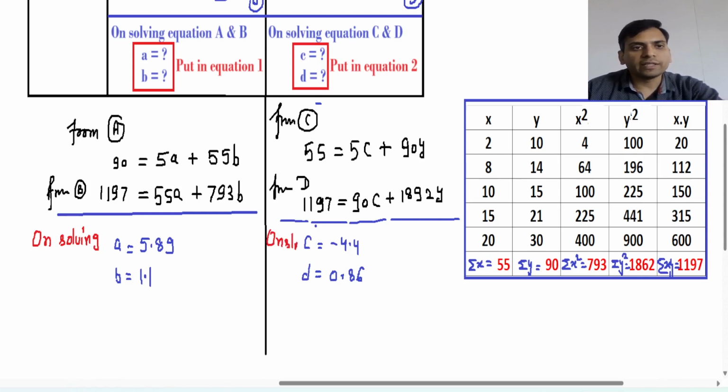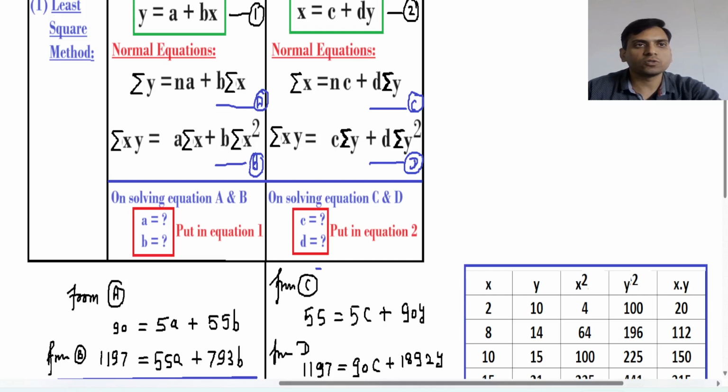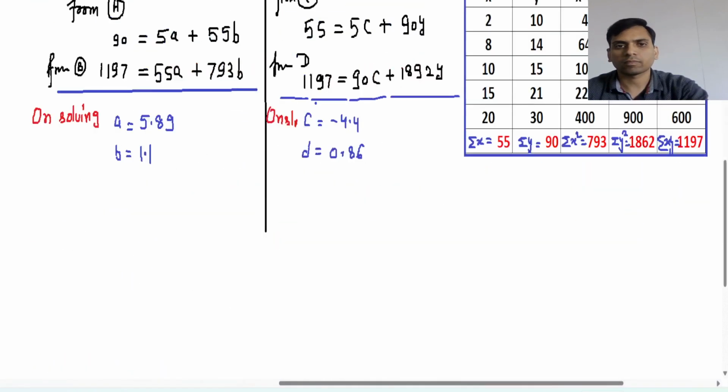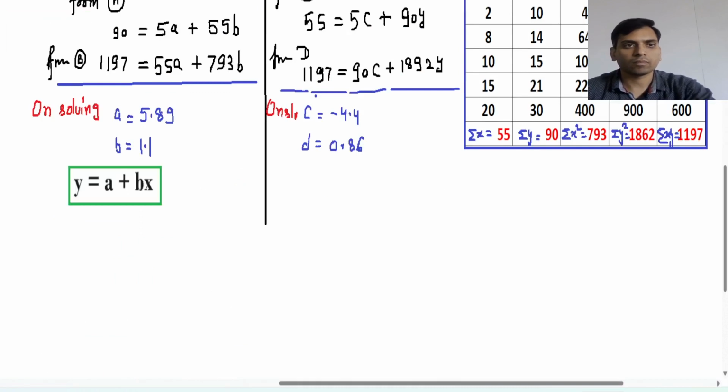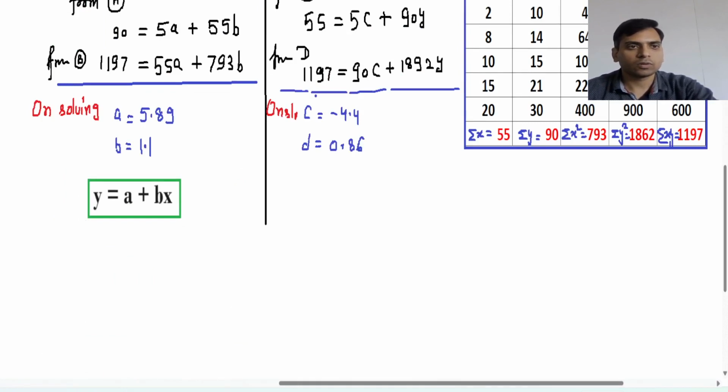So now we will put these values of A and B in equation first. Equation first is y is equal to A plus bx. I am copying this one. From equation first, this becomes y equals A plus bx, and A is 5.89, and B is 1.1 into x.